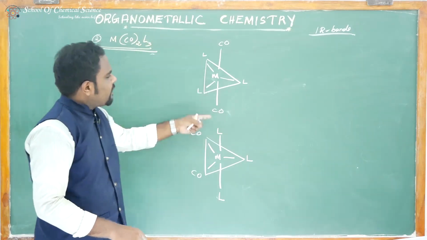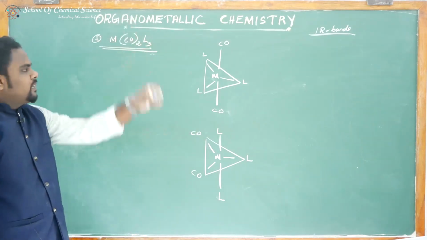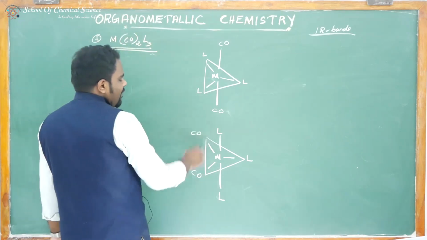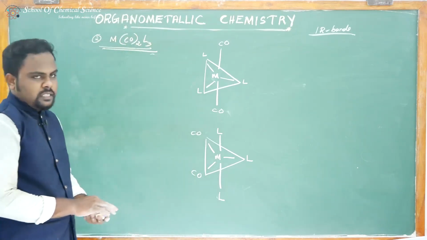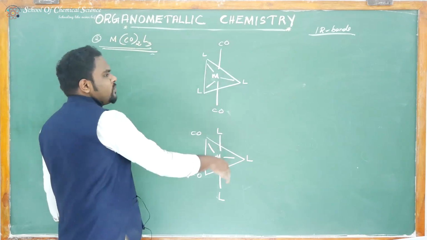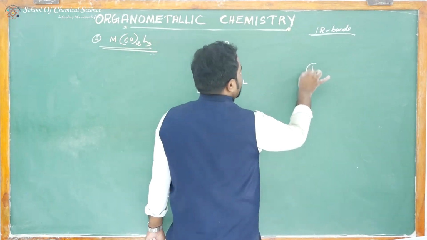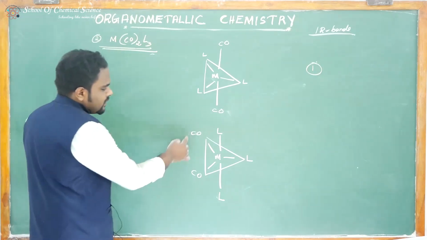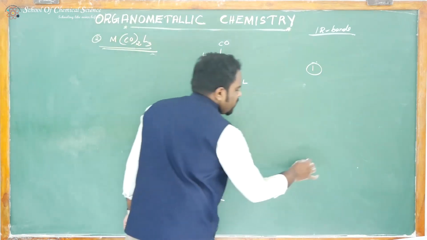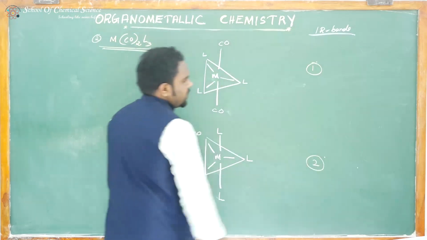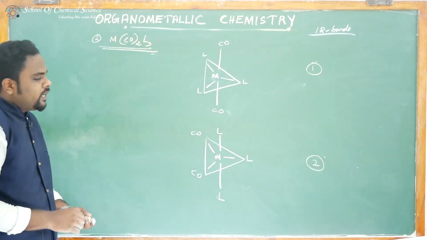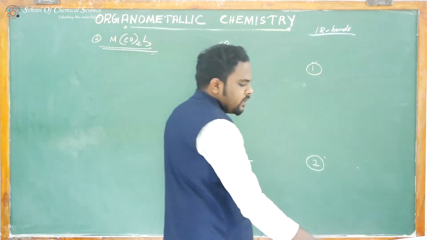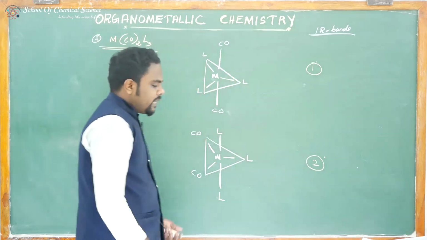Carbon monoxide and carbon monoxide trans in the axial position. Then here carbon monoxide and carbon monoxide cis. When they are trans to each other, this is a linear CO, only one IR band. This is C-O-M-C-O, bend. For bend, 2 IR bands. So for linear, 1, and for bend 2.